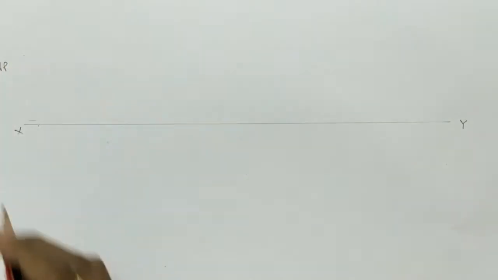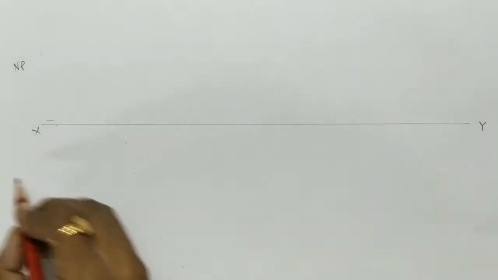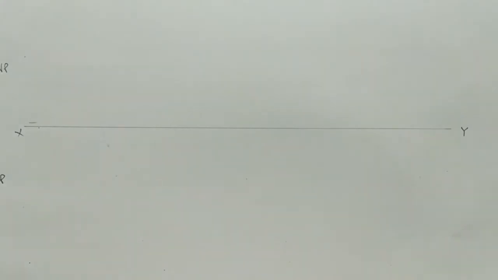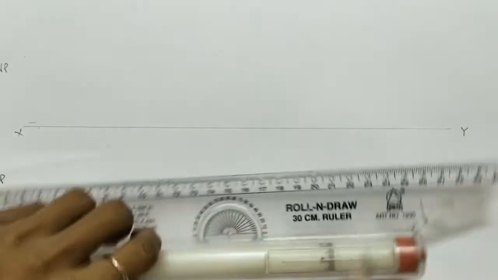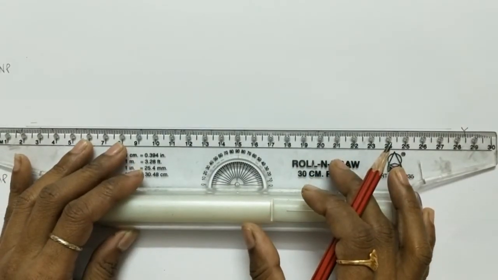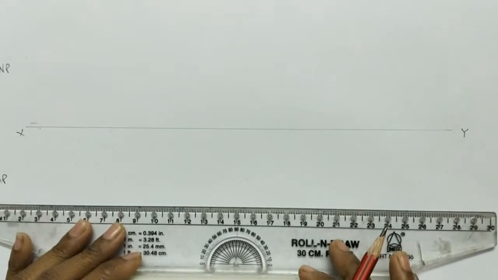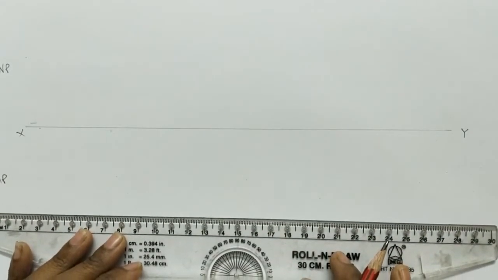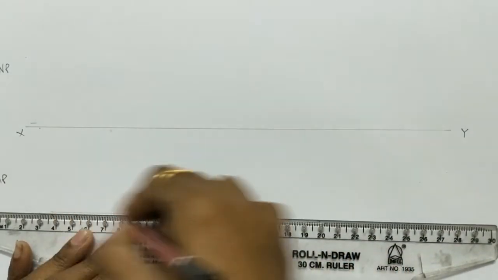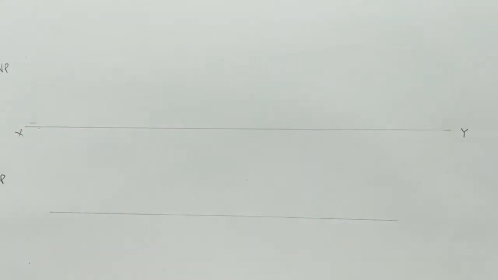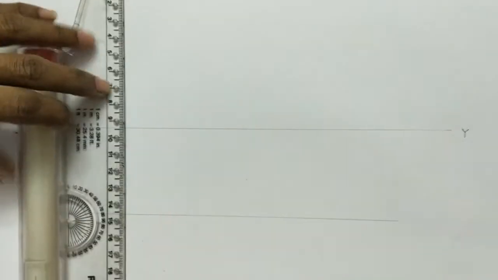It is a hexagon in HP. So this is VP and this is HP. So draw hexagon in HP. So first of all, for center line I will draw a horizontal line and base 25 mm side is given.